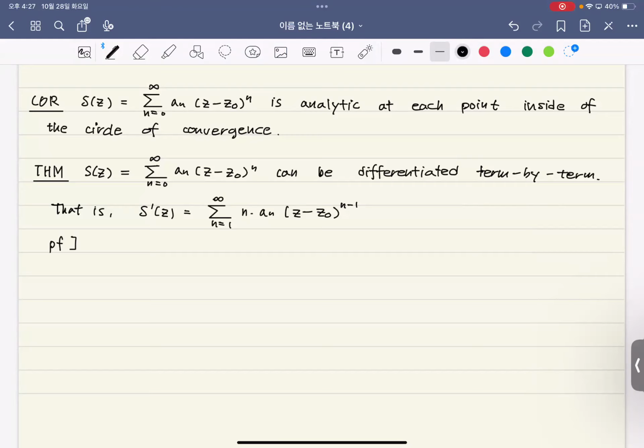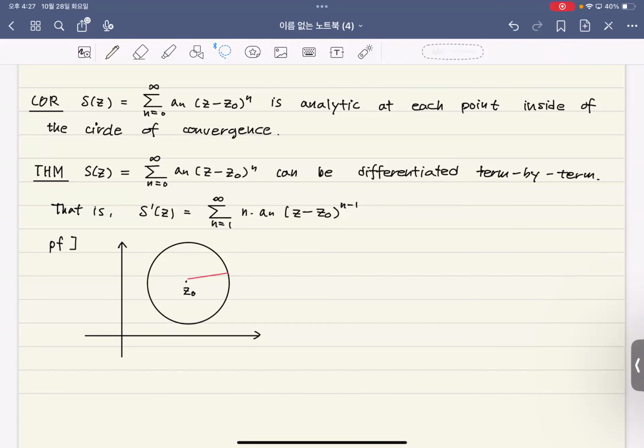First, I will try to prove this by using Cauchy's integral formula. In order to make use of it, I first need to specify which curve I am working on. This is the center of the power series, z_0, and this is the radius of convergence of this power series.